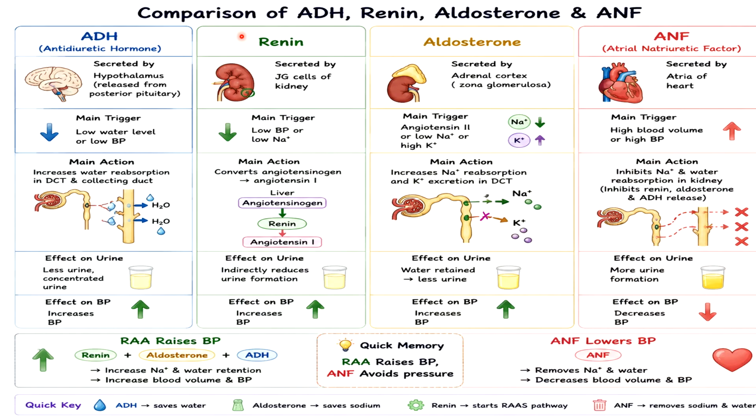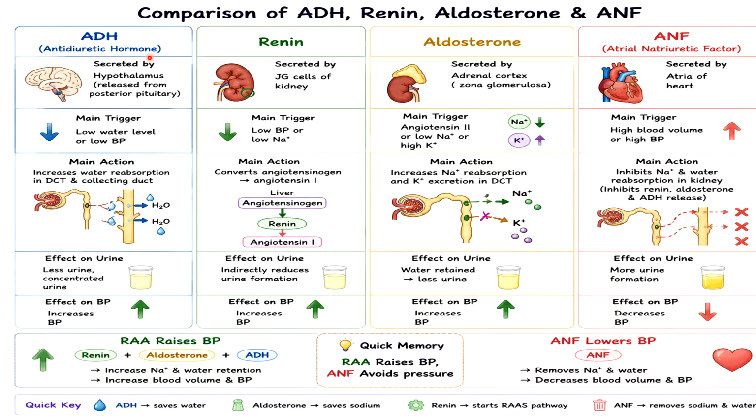Let us now summarize the main idea. In the dehydration condition, ADH, renin and aldosterone are produced by the body, which in turn reduce the urine output. And whenever the body is overhydrated, ANF or atrial natriuretic factor is released, which in turn increases the urine output.